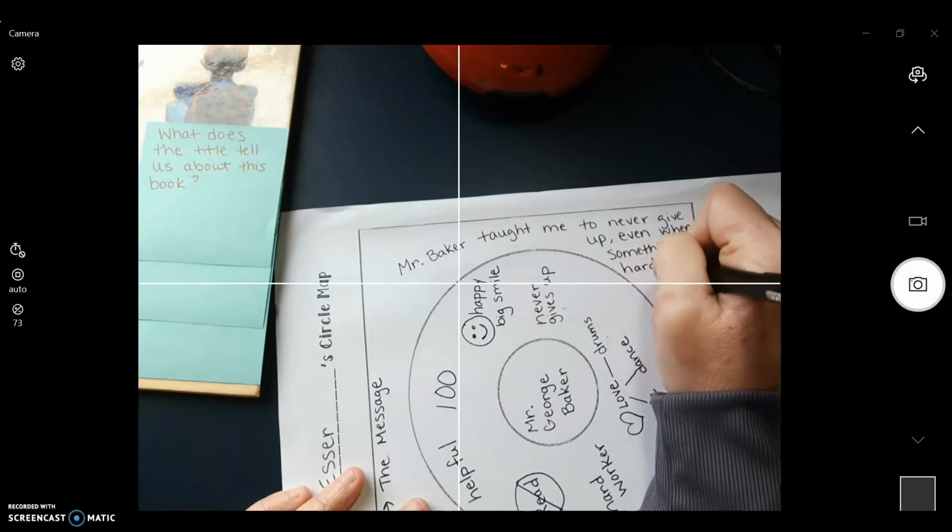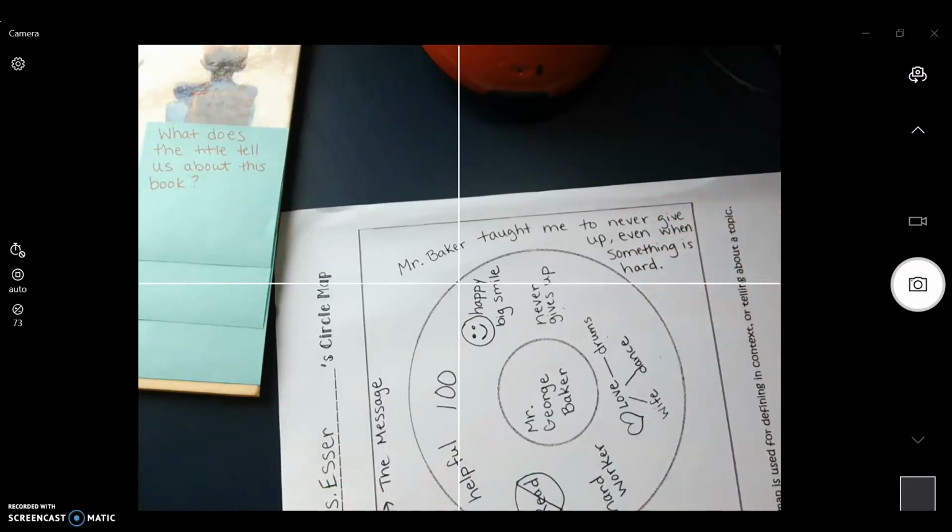So from Mr. Baker, I learned that I need to never give up, even when something is hard. He was 100 years old and trying to learn how to read. That's really hard, guys. So I think that's a good lesson that we can learn from Mr. Baker.